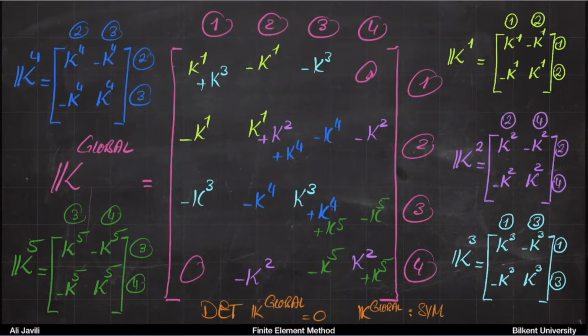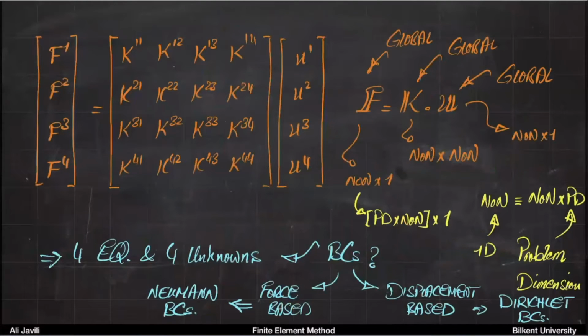So you end up with a system that looks like this. So you would have on your left side your force vector, you have your stiffness matrix, which in this case is 4 by 4, and then you have your displacement vector.